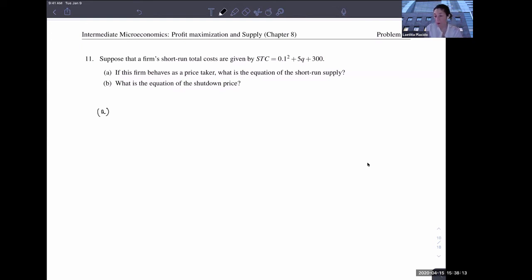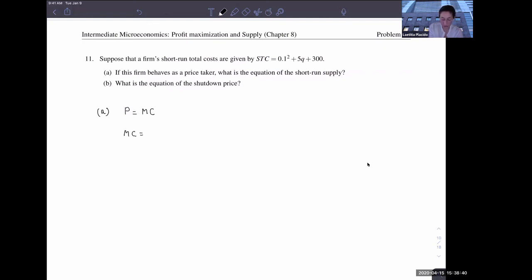All right, so what do we know? Well, we know that in the short run, the firm sets the optimal quantity such that P equals marginal cost. We don't have the marginal cost, but we have the total cost. How do we get the marginal cost?